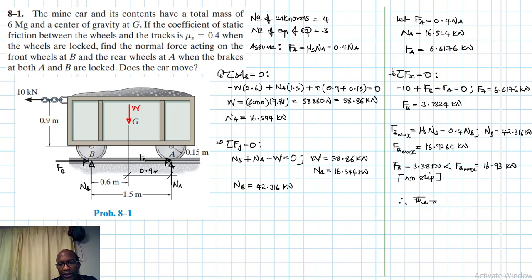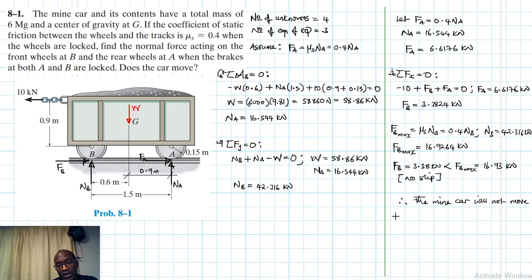Okay, it will not move because for the car to move we still have room at B. Okay, of course at A, for the car to move we need both of them to move, right?